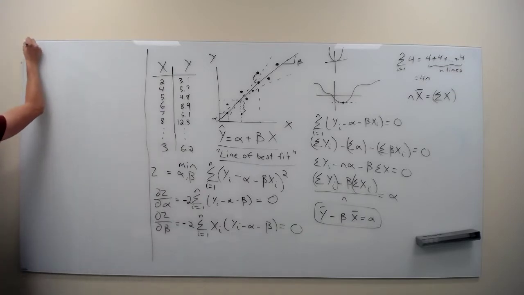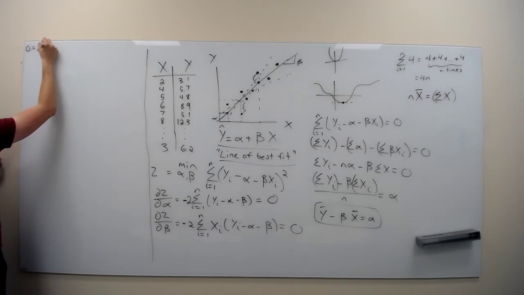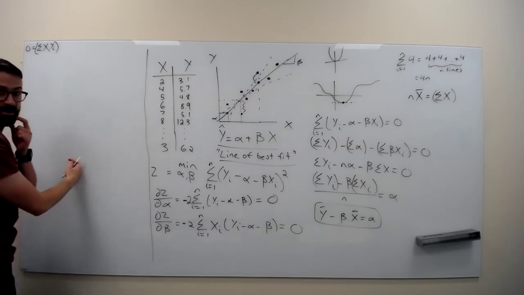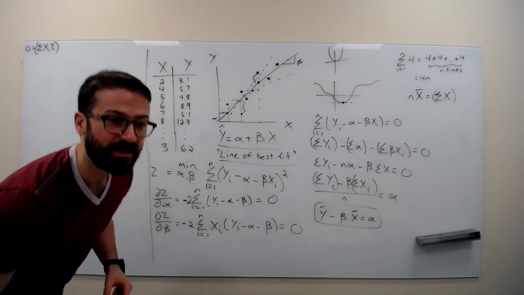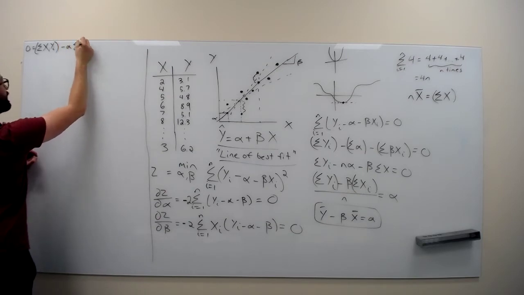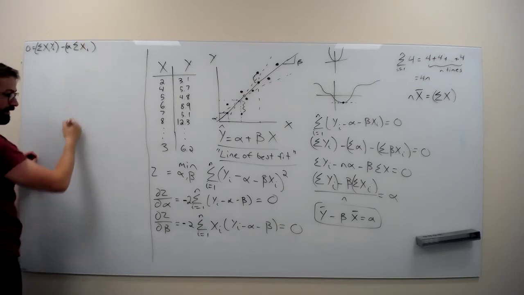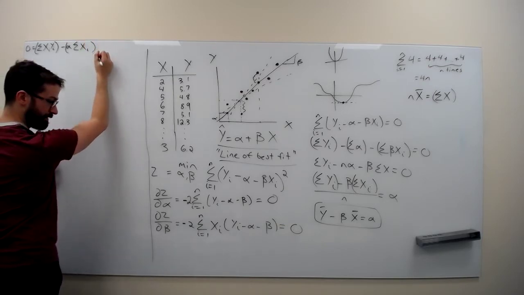So I get 0 equals the sum of xi yi, and I'm going to use parentheses because I want to sum with respect to that. Can you see that okay? Yeah, that's visible. Minus alpha, sum of x. Remember, I can take the alpha out of the sum because it doesn't vary with i.